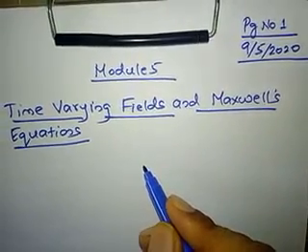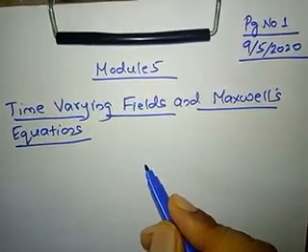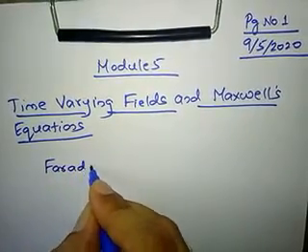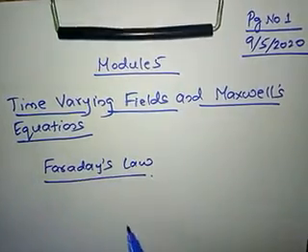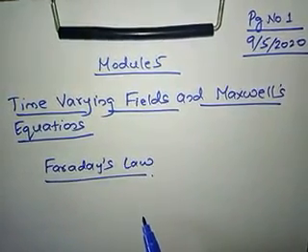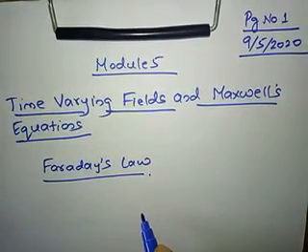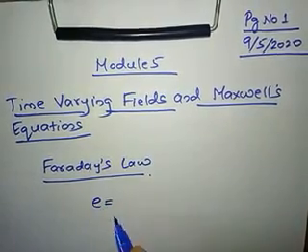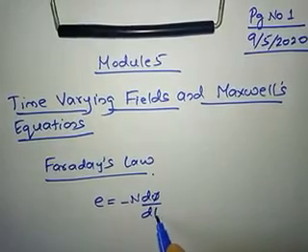And before writing Maxwell's equations, let us study the basic fundamental Faraday's law and Lenz's law. So first is Faraday's law of electromagnetic induction. According to the statement of Faraday's law, the electromotive force induced in a closed path or circuit is proportional to the rate of change of flux with respect to time.